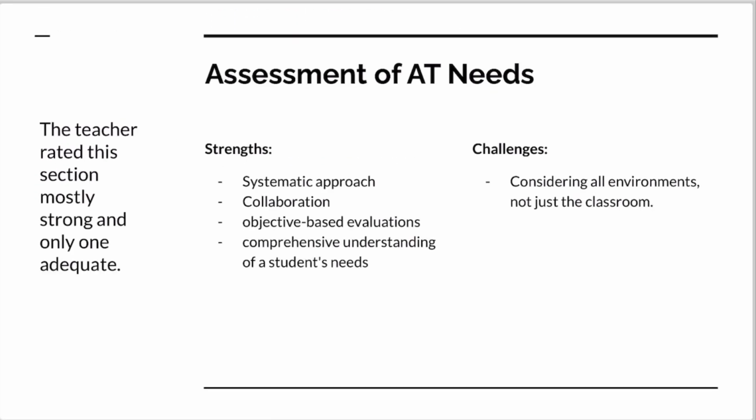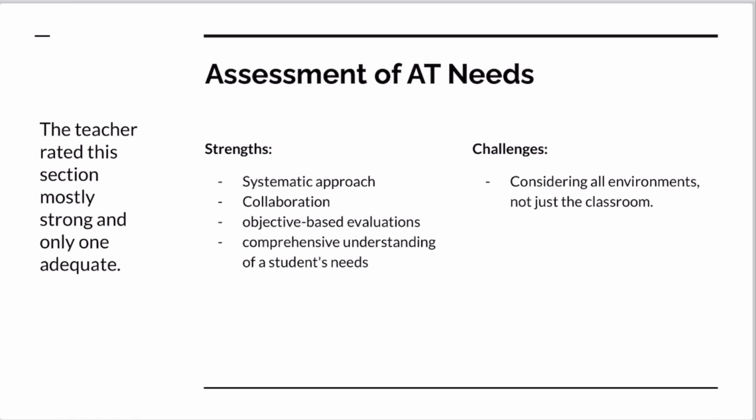The next category is the assessment of AT needs. The teacher rated this section mostly strong, with only 1 adequate, so it's pretty good. Their strengths are their systematic approach, their collaboration, objective-based evaluations, so not basing it off of this child has this disability, so they will want to use this device.